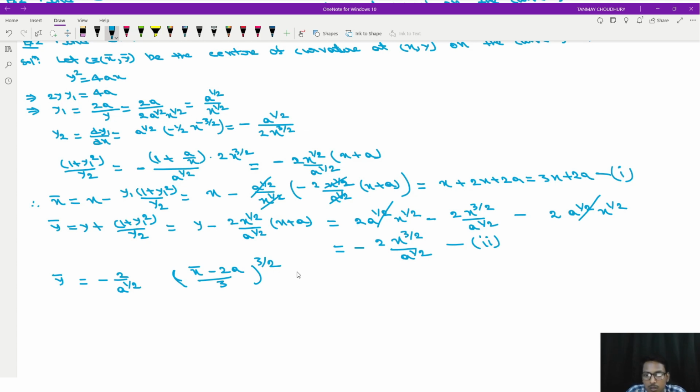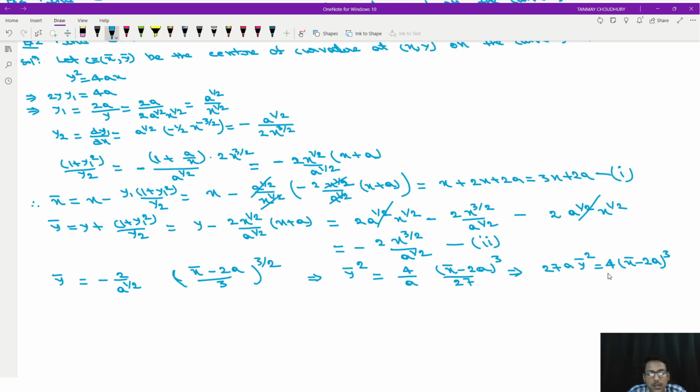If we square both sides, this turns out to be y bar square is equal to 4 by a into x bar minus twice a whole cube divided by 27, that is 27 a y bar square is equal to 4 times x bar minus 2a whole cube.